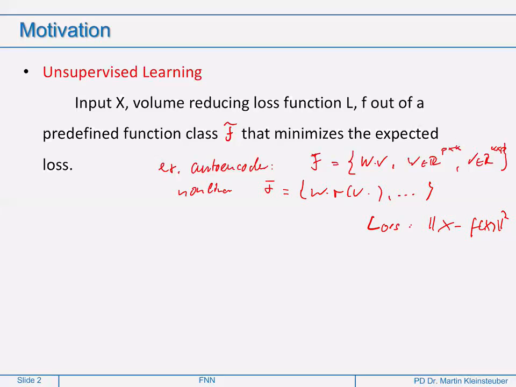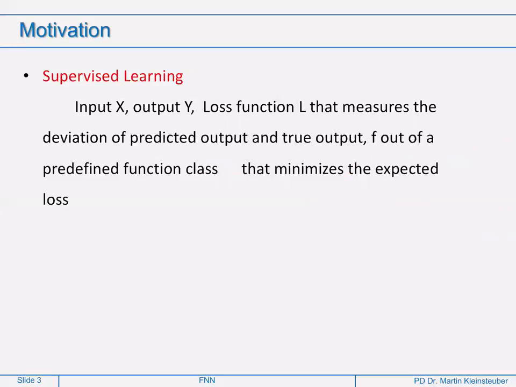Okay, good. So unsupervised learning. Then supervised learning, we say, okay, we have an input x and we have an output y. We have a loss function L that measures the deviation of predicted output and true output. And F is out of a predefined function class F that minimizes the expected loss.